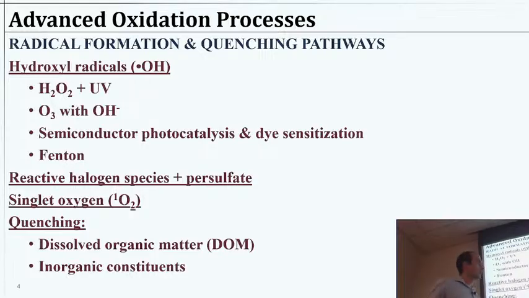Even molecular oxygen is kind of a radical, but we don't typically treat it that way. And singlet oxygen is just a reactive version of oxygen. And there are many things that could quench them, including dissolved organics, inorganic stuff, even, let's say, ozone quenching hydroxyls, and vice versa. So there's a lot that goes on, a lot of pathways, a lot of reactions to consider.